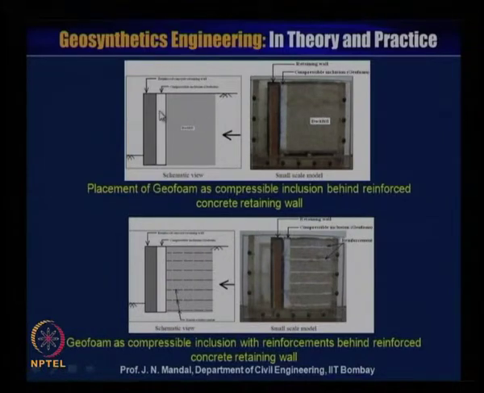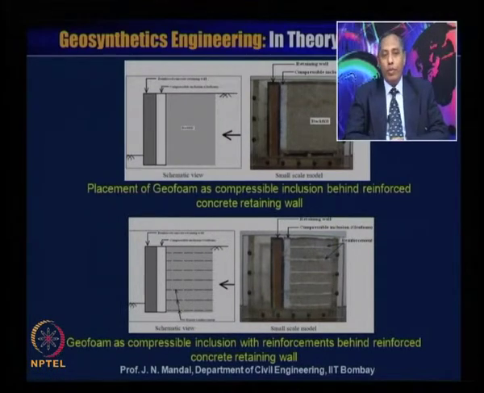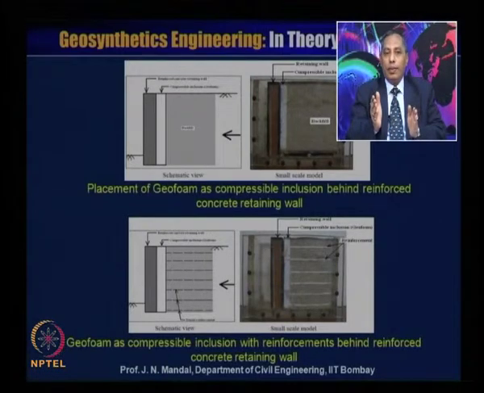Now this thickness varies with what kind of density you want to use, and what the exact thickness of the geofoam material should be. You don't require very thick geofoam material. You can design and determine what thickness of geofoam material you should place at the back of the retaining wall.